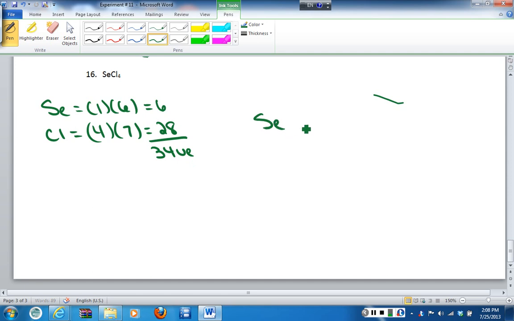Selenium is the central atom surrounded by the chlorines. I draw single bonds and give my chlorines an octet. Out of the 34, how many have I used? I've used 32, so I put any remaining electrons on the central atom as a lone pair.